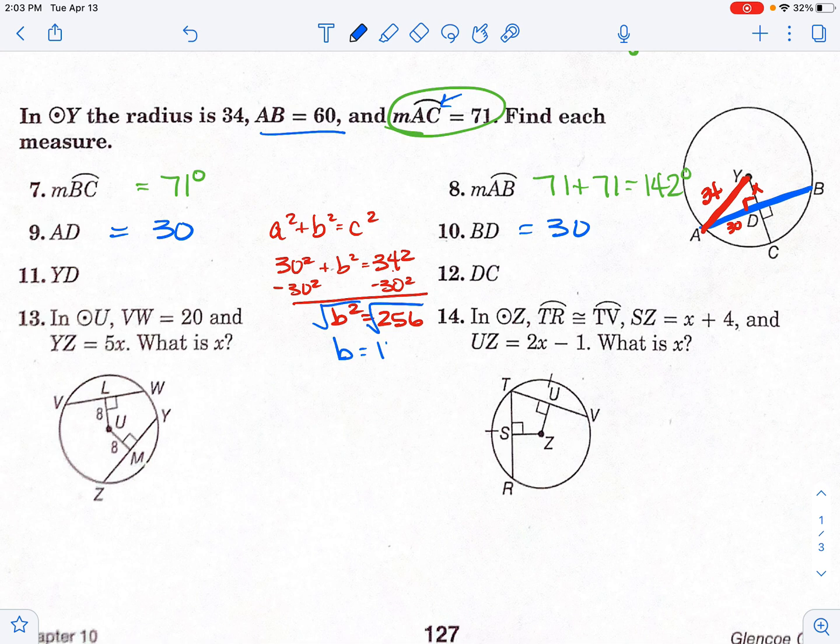So b is going to be equal to 16. Now DC: YC is a radius, and it's 34, so the radius minus the YD, which is 16, is going to figure out the piece that's left over. So the radius is 34 minus our 16, that's going to give us 18.